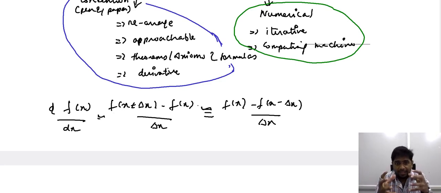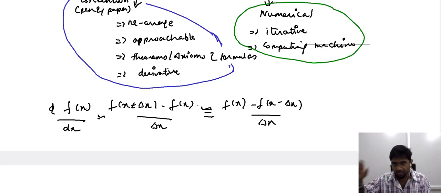Does it really play any role, particularly in the conventional treatment? Can this approximation, which is entirely based on the definition of the derivative, play any role in the conventional treatment of our derivative?